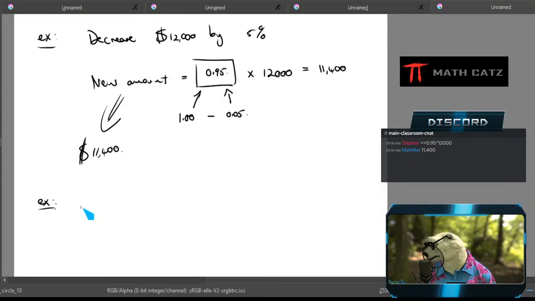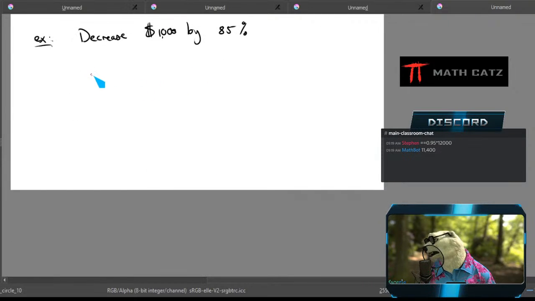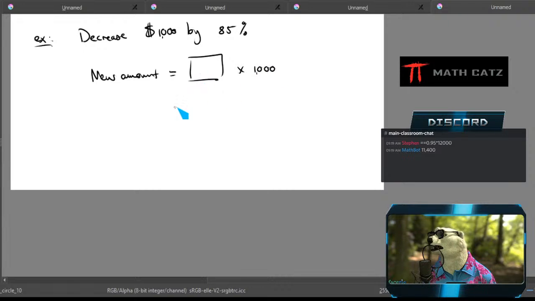Quickly squeeze in one more, why not? Now, people might feel a little uncomfortable when I decrease an amount by a large percentage. Let's go 85, though it can happen. My new amount, nothing changes. Some adjustment of $1,000. What is that adjustment?